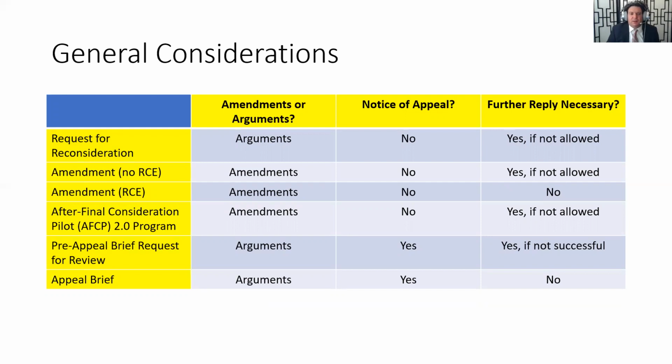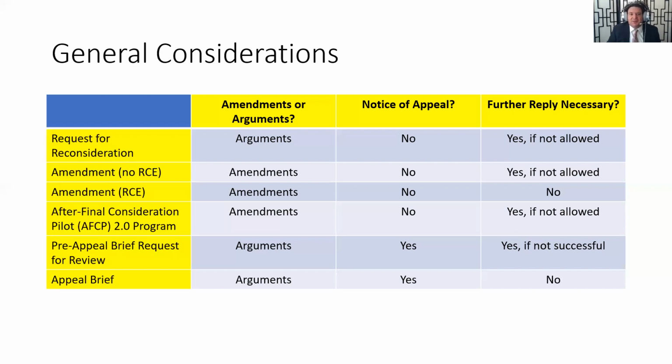You can file an amendment with an RCE, that's an amendment under 37 CFR 1.114. You can file an after final consideration pilot, AFCP 2.0, program request. You can file a pre-appeal brief request for review, and you can file a formal appeal brief. And there used to be another one called the P3 program.